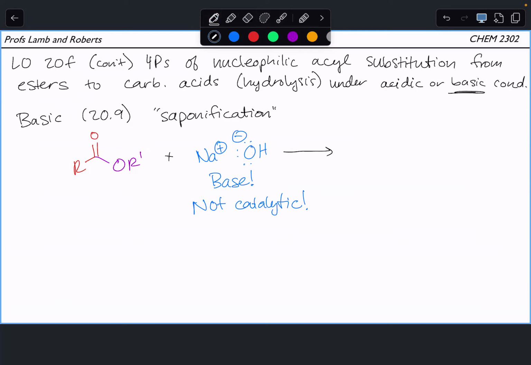We don't have to add another base. You often need heat for this reaction. And you end up getting the base version of your carboxylic acid, which is the sodium carboxylate and an alcohol byproduct.